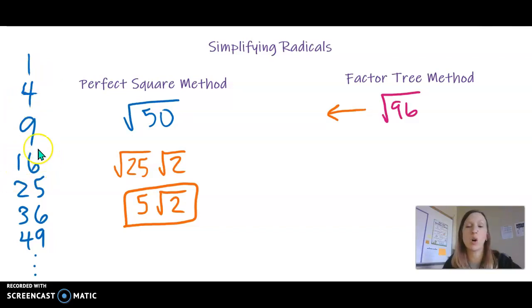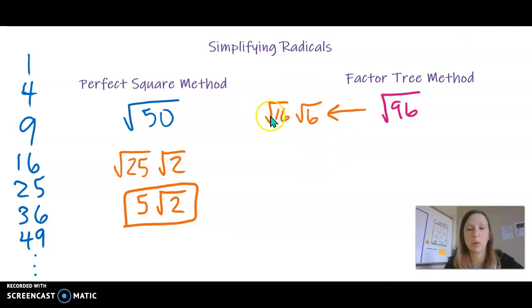But 16 also does. If I use 4, I will have to factor more than once, or I will have to simplify more than once. And I don't want to have to do that. So I'm going to choose 16 instead. So 96 is 16 times 6.